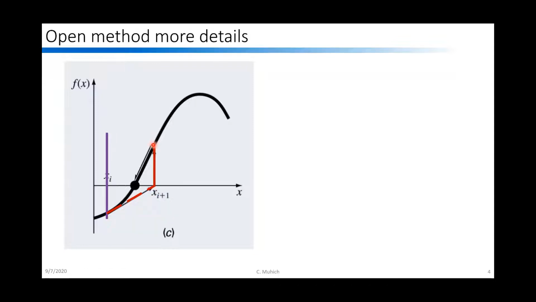We can then find the tangent at our new f of x value and then project that slope. So you can see in this open method, at least as detailed here, we're able to get to that root in 3 steps. So 1, 2, 3. So much faster than before.